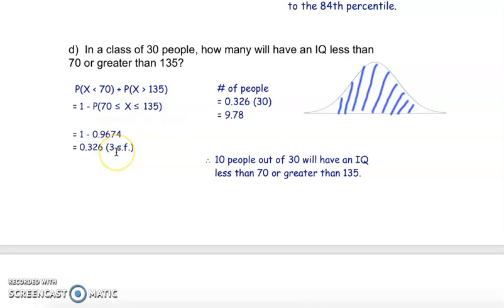This is the percentage of the population that will have these scores, right, outside of 70 to 135. Now, we're looking for how many people, so we just multiply this by 30, as the class size, and then you get 9.78 people. So roughly 10 people out of 30, a third of them, will have this IQ score range.